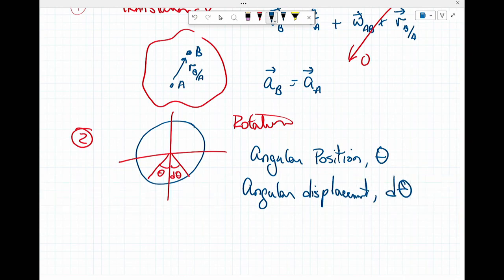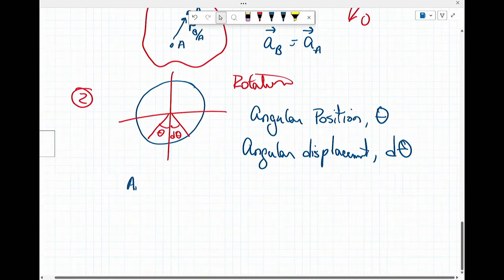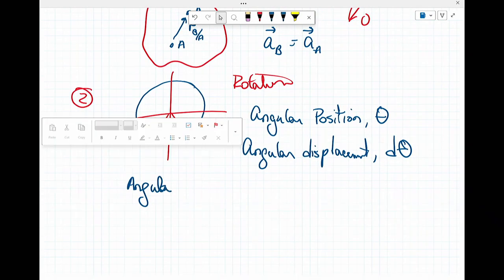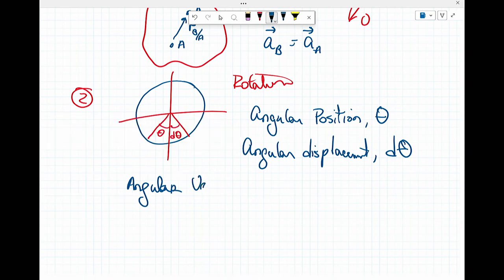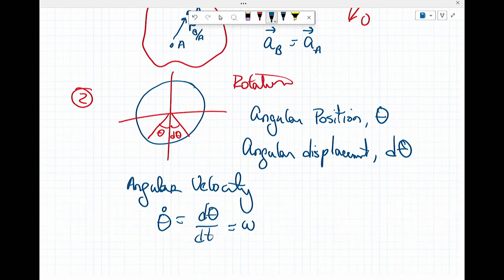Angular displacement is going to be d theta. And you start out with angular velocity, which is theta dot, d theta to dt, or omega. And omega just, again, looks like a W.